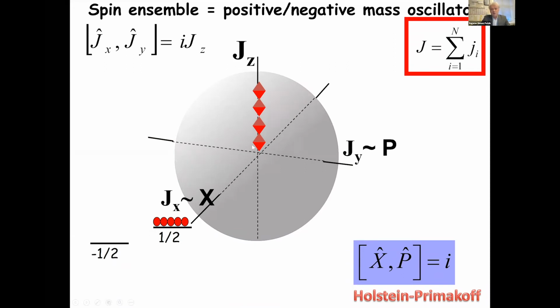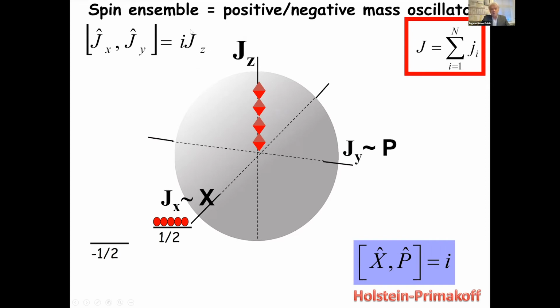Now I want a large atomic ensemble. Let's say I have many, many atoms, and by optical means, I can orient them all so that they are all spin up. So this is now my macroscopic projection of the spin, Jz.